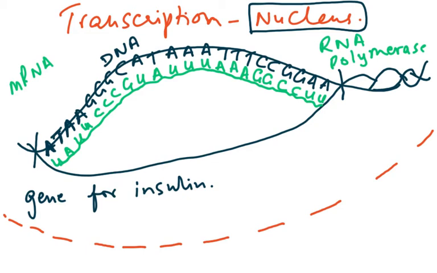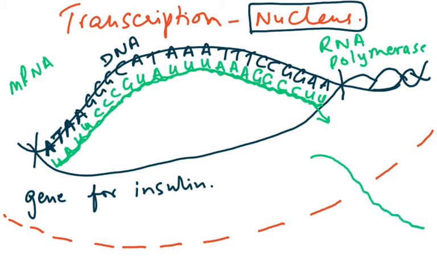So the RNA polymerase is going to form the sugar phosphate backbone and join this to form a continuous chain, and then this green strand, which is the mRNA, is going to move out of the nucleus.